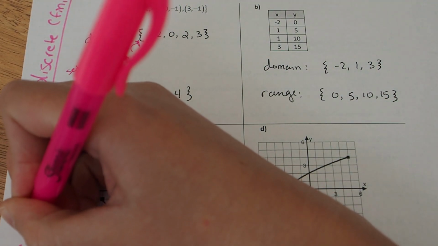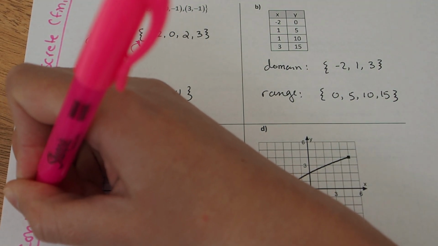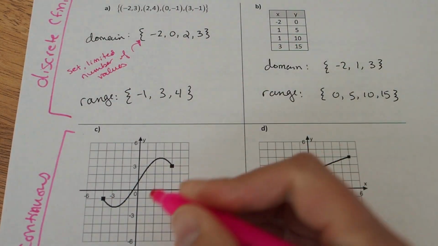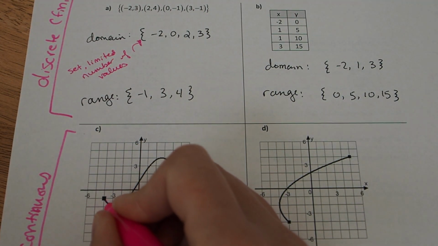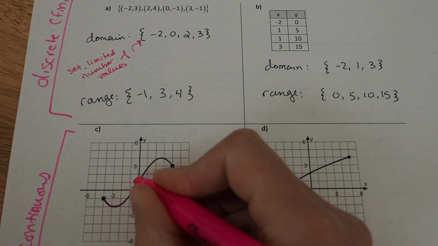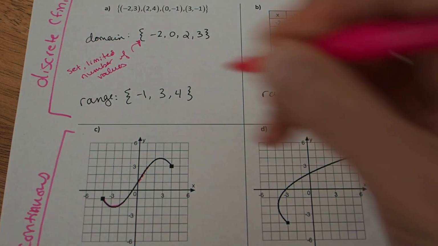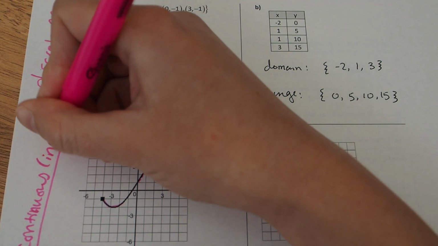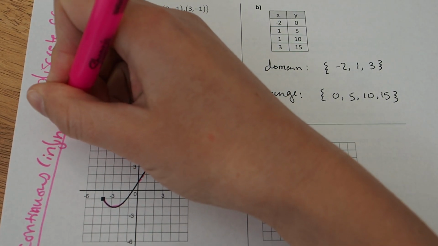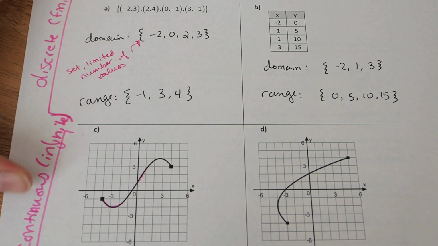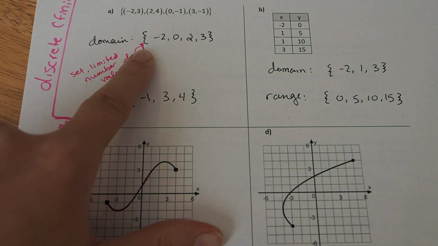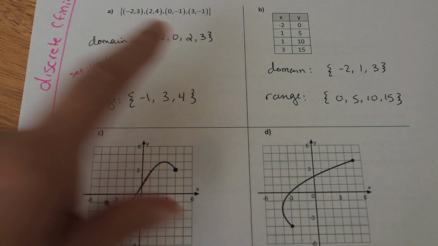These are continuous, which means that there are an infinite number of points as you connect through. You can't label just the points on dots because you go all the way in between. There are an infinite number of points. Okay, so for the discrete examples, I use the set notation and list the values.